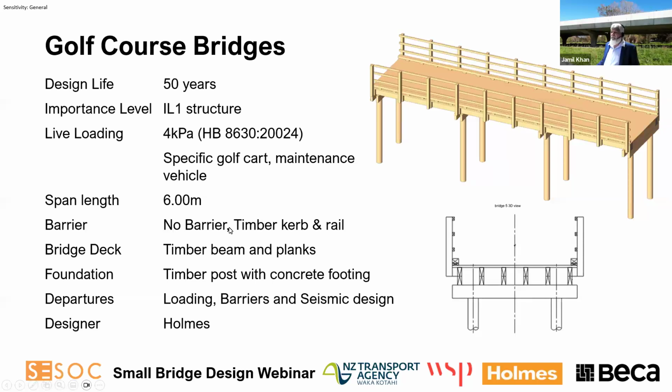For the bed, there's no barrier but a timber curb and rail. The deck is steel timber beams and planks, and foundation is a timber post with a concrete footing. Again, this is a departure from the standards for loading, barriers and seismic design. This was designed by Holmes.